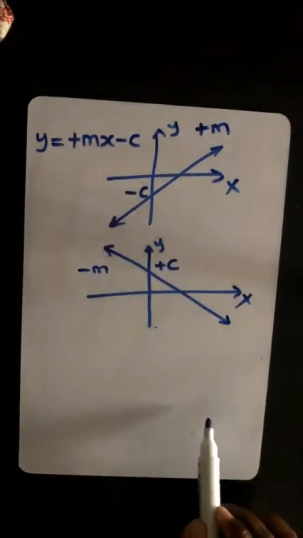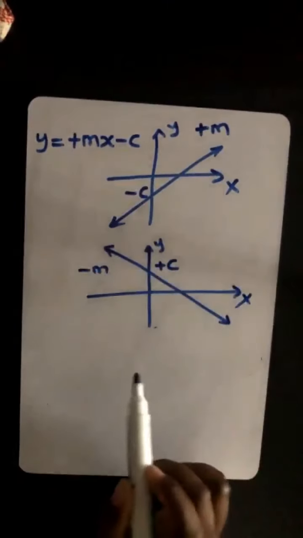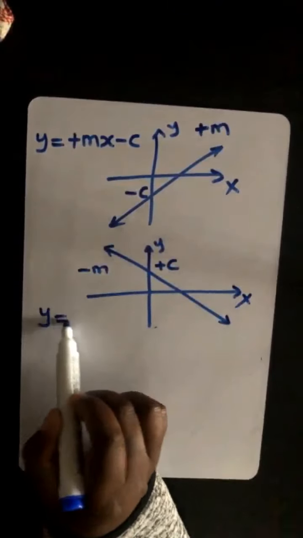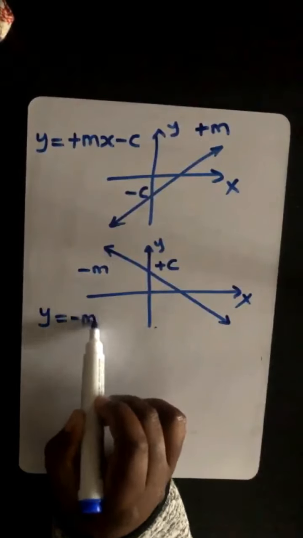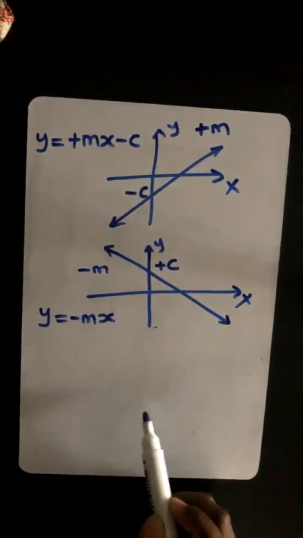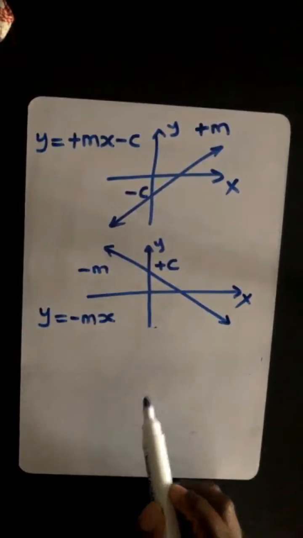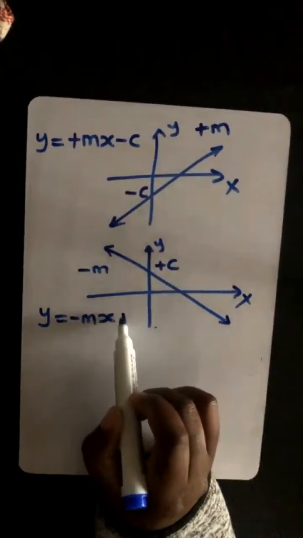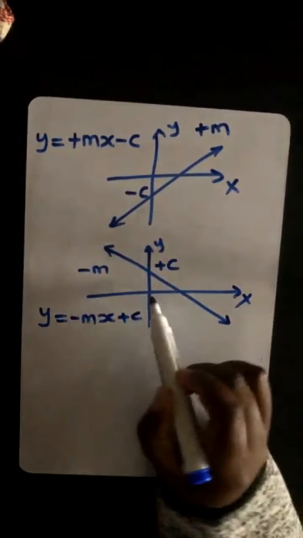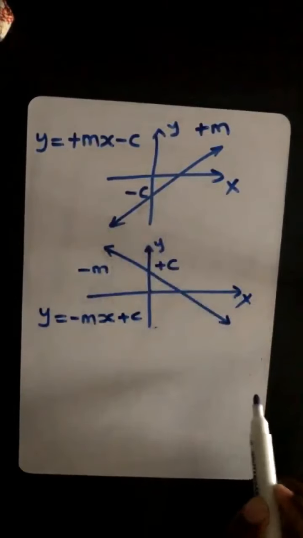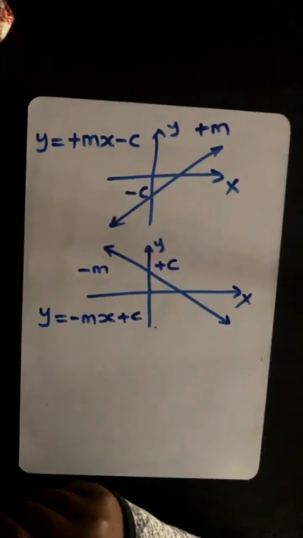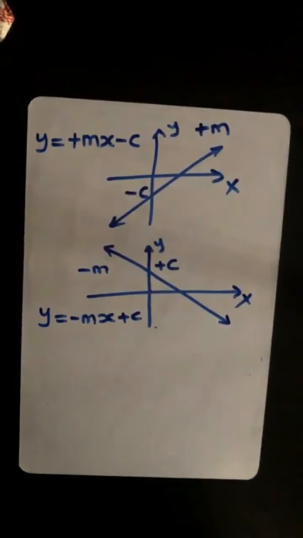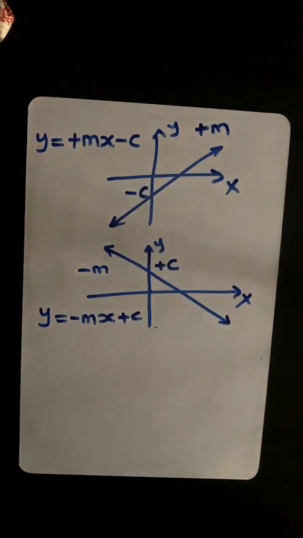And for this one, you are going to have y equals, the gradient was going to be negative. It could be negative any number, but let me just say negative m. So that negative value is the gradient. And then the c value is going to be positive, because from that point going up, you have positive y values. So guys, when you're given any type of graph, before you even perform any calculations, make sure you are able to notice whether you've got a negative or a positive value. Did that make sense to everyone?